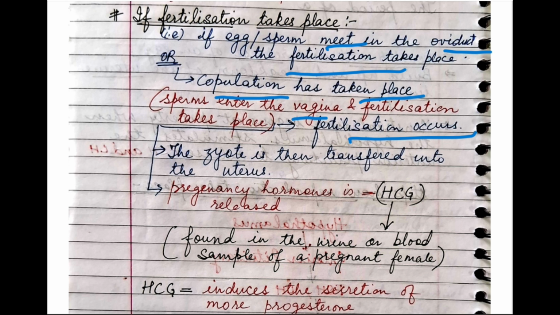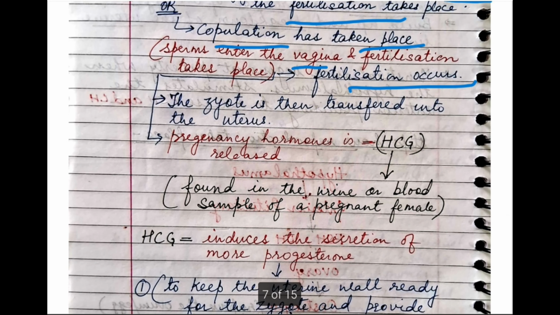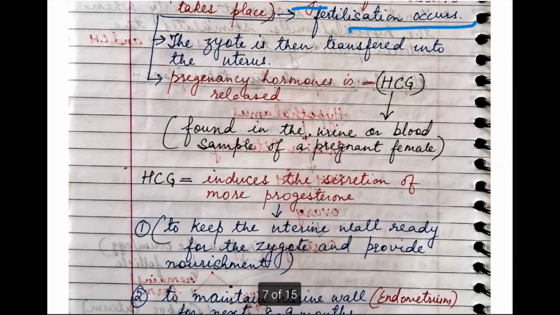It is found in the urine or blood samples when pregnant females check for their pregnancy test. What does it do? It induces the secretion of more progesterone to keep the uterine wall properly and to keep the baby and provide all the nourishment to the baby.